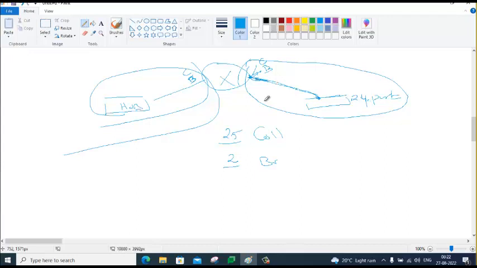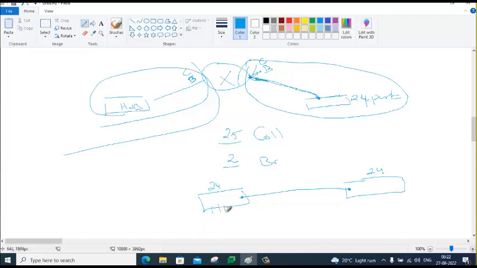If you're not clear, let me know. Earlier, I took two switches and said this 24th port is connected here to the first port. So we have a 24 port switch here and here, and I was asking how many collision domains we have. Each port has a collision domain.